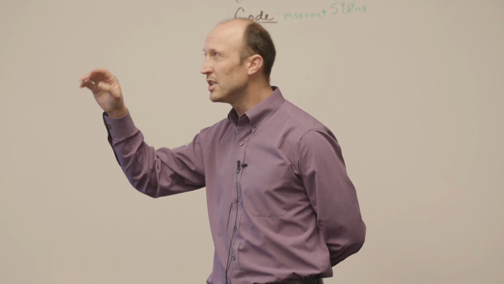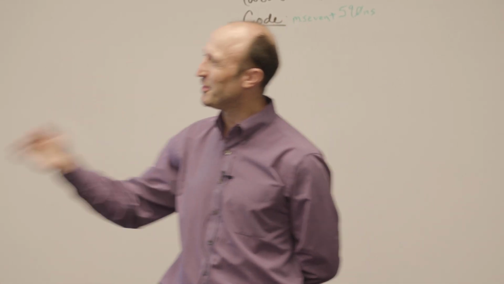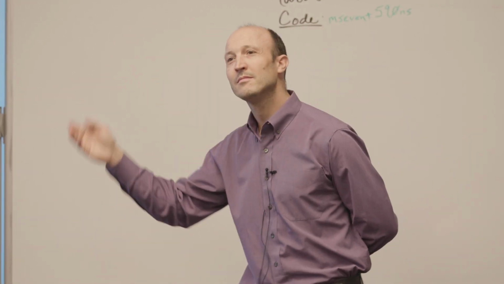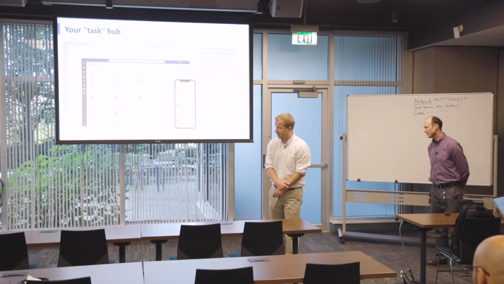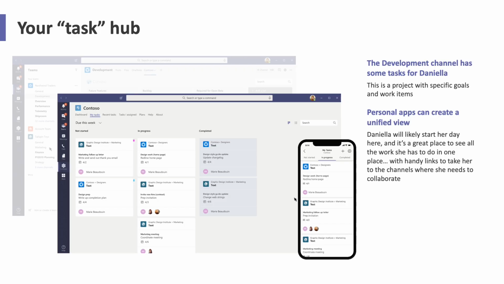If you've got Planner tasks, you can surface those in here. The Planner scenario isn't as fleshed out in mobile, but works great on the web and on the desktop. Yeah. So task management, whether you're using Asana or Trello or Wrike or Smartsheet, these are all products that will have similar functionality to this.